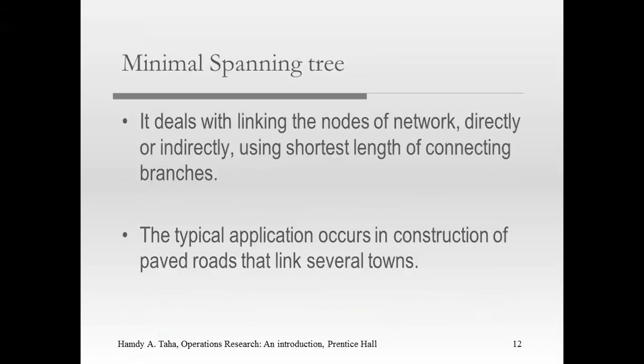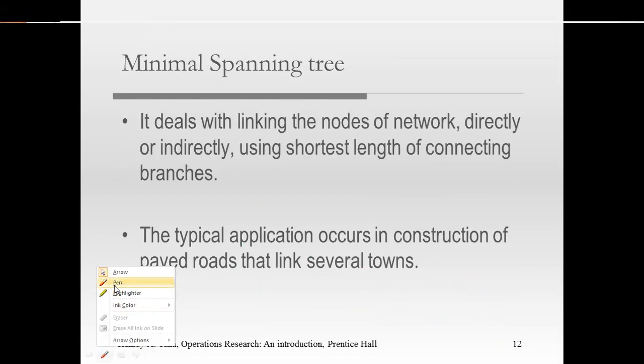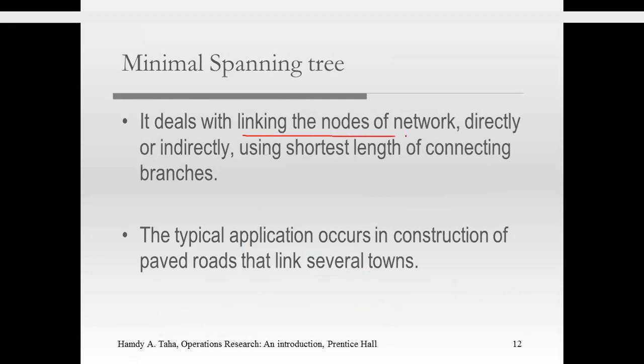Okay, so let us learn the first algorithm, which is the minimal spanning tree. The situation is linking the nodes of a network, whether directly or indirectly. Remember, directly means one direction or two direction, using the shortest length of connecting branches.